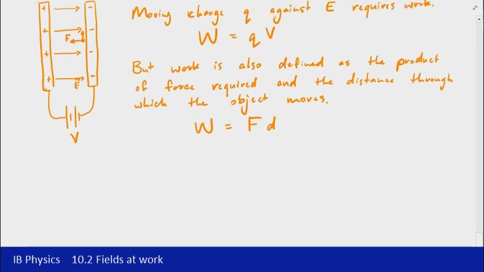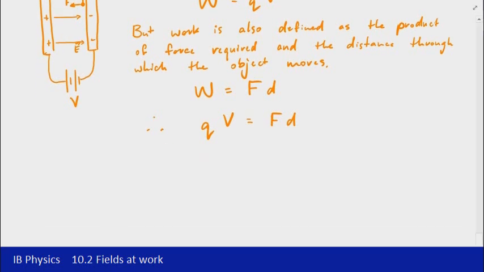So we have that equation, but you'll notice now we've got these two expressions for work in this scenario. So we can equate those two and say that QV is equal to F times d. So the work done in moving the charge through that field is Q times the potential, but it's also equal to the force multiplied by the distance through which the charge is being moved.